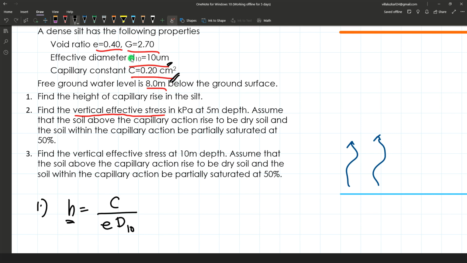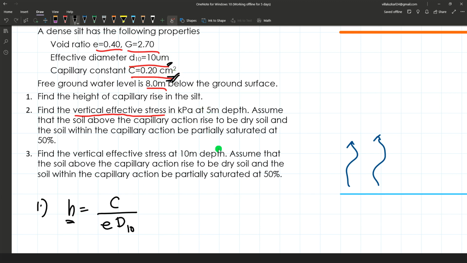Both the effective diameter and capillary constant should be in centimeters, or if we want millimeters, this should be in square millimeters and the effective diameter in millimeters also. But here let's just convert it into centimeters, so that we will not convert the capillary constant into square millimeters. So we'll just use centimeter units.